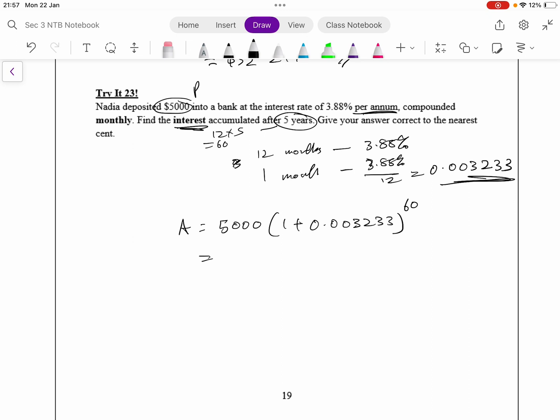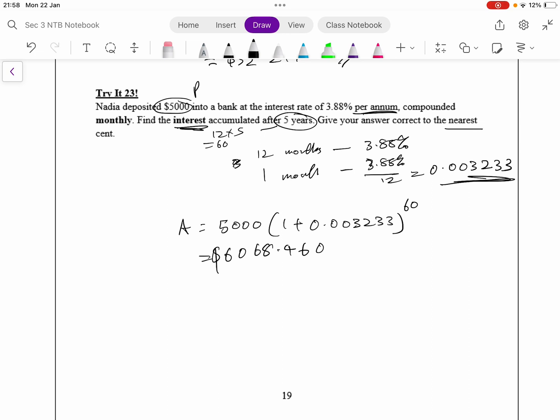Okay, so if you do your calculation, you should get 6,068.46. Okay, correct to the nearest cent.